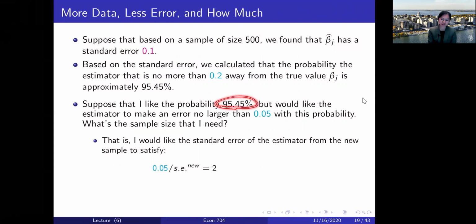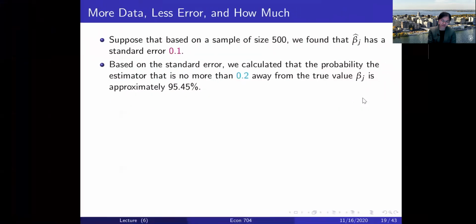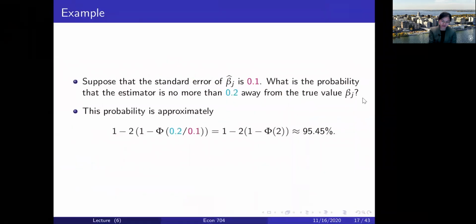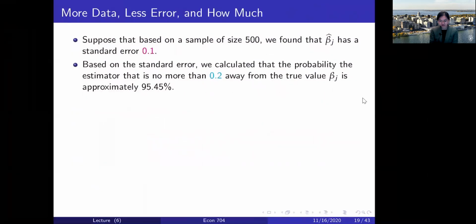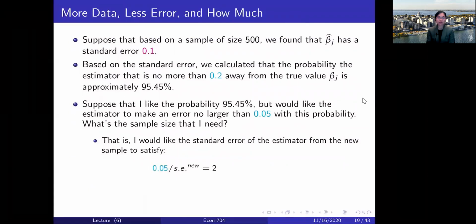In the calculation of this probability, everything reduces to one quantity, which is the tolerance divided by the standard error. If that ratio is 2, then the probability is 95.45%. So in the new situation, we still want the tolerance divided by standard error to be 2.